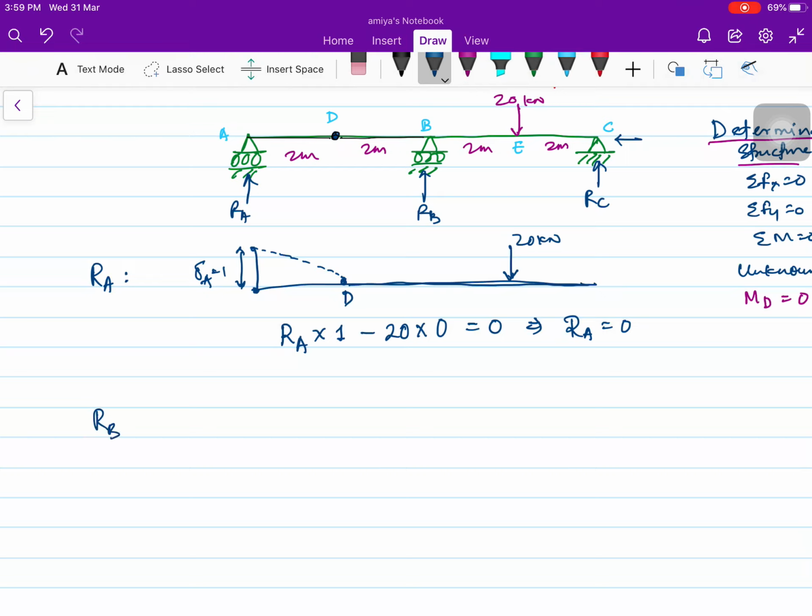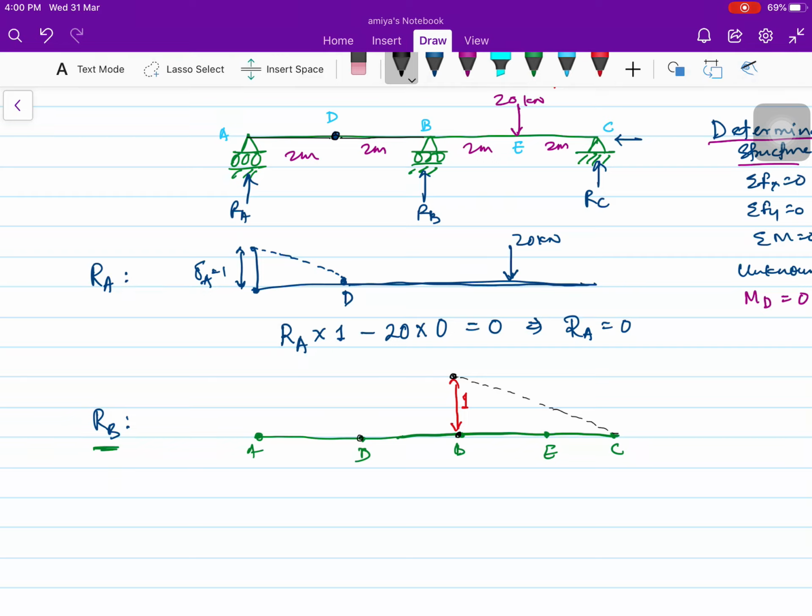Coming to B, to find the reaction at B, I have to apply a unit displacement at B. So this is A, this is C, A, B, E, C. Here I'm going to find reaction B, so I will apply a unit displacement at B. When I'm applying the unit displacement, this point moves to here, and that's why this part of the beam moves right like this.